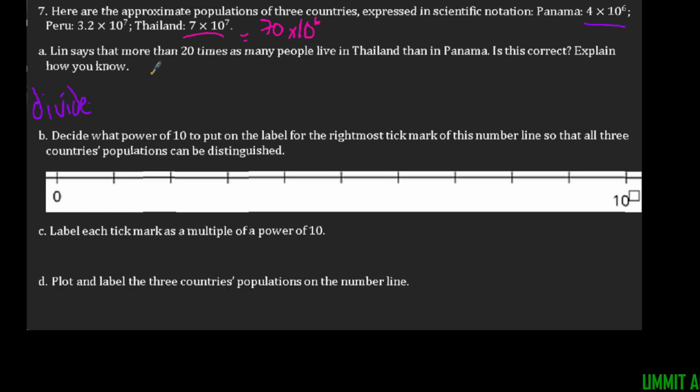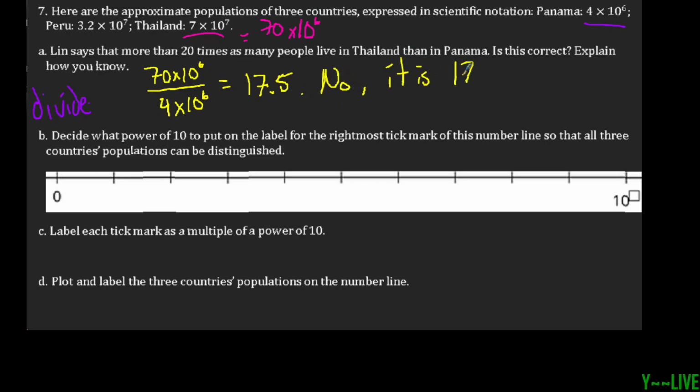I have 70 times 10 to the exponent of 6 divided by my other value, which was 4 times 10 to the exponent of 6. When I divide these out, again, the 10 to the 6th power cancels out. So I'd say this is 17.5. So we're going to say that no, it is 17.5 times larger.